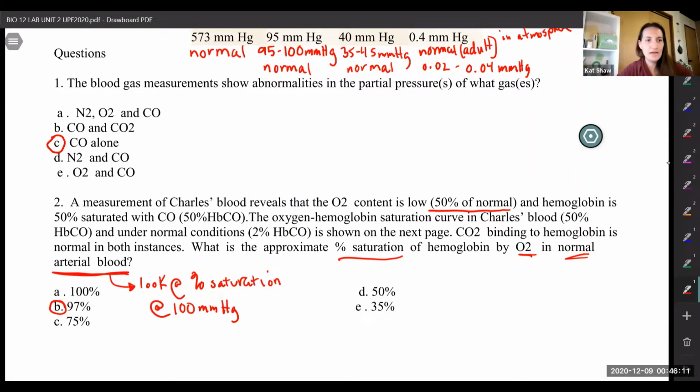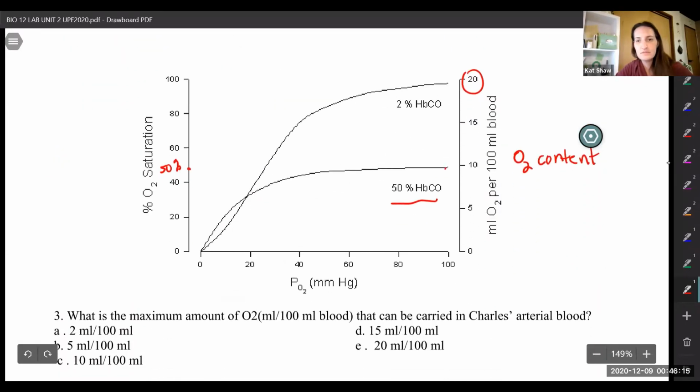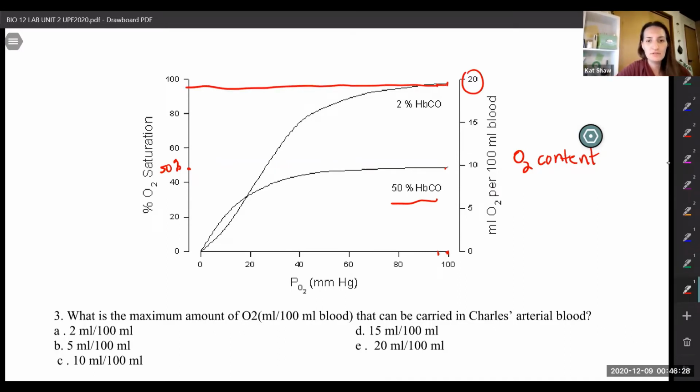So between that 95 to 100 should represent the arterial blood. So this range here. And then we go up to our curve. And yes, if we were to draw a straight line out, we wouldn't quite reach 100. We'd be slightly lower than 100.